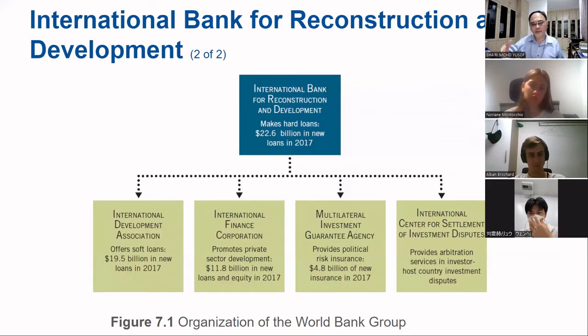So all these are actually providing loans to developing countries or countries needing to finance their development projects. Okay. Right. So that is the scenario.